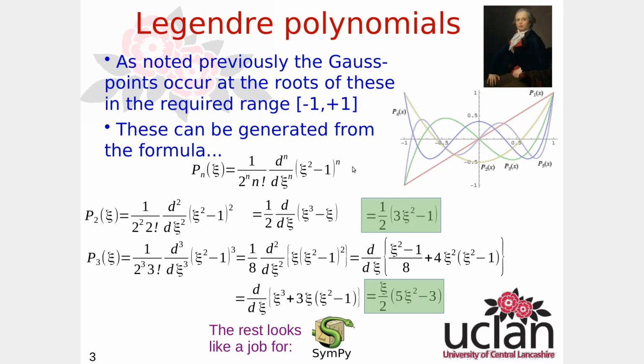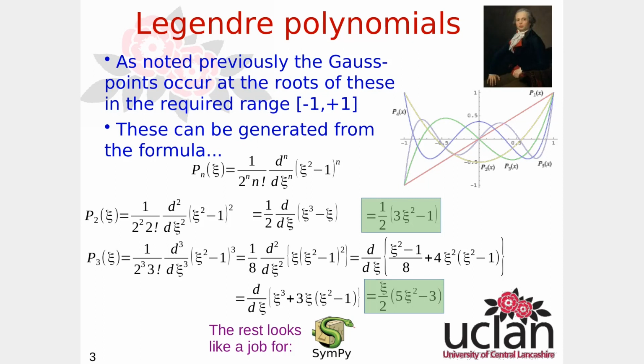So for instance, if n was 1, then the first order polynomial is 1 over 2 to the 1 factorial, which is 1/2, and then we just differentiate the thing inside, because n is equal to 1. This would just be 2c, the 2's would cancel with the half, leaving c. So the root of the first Legendre polynomial is 0.